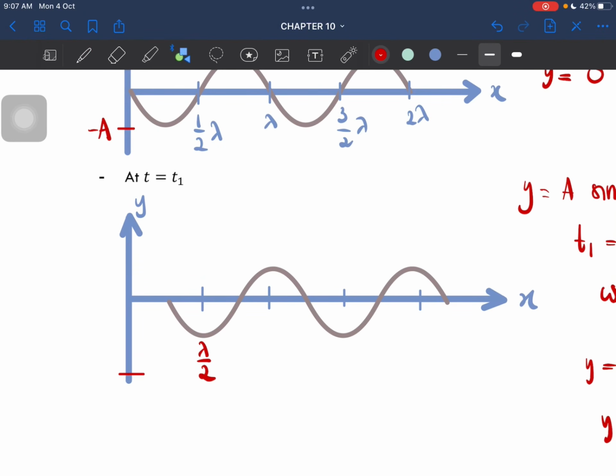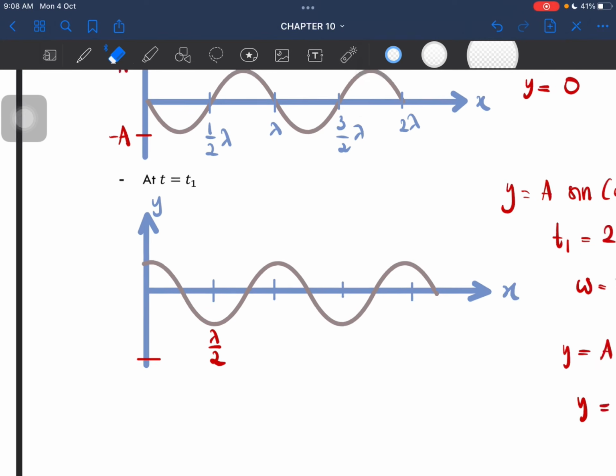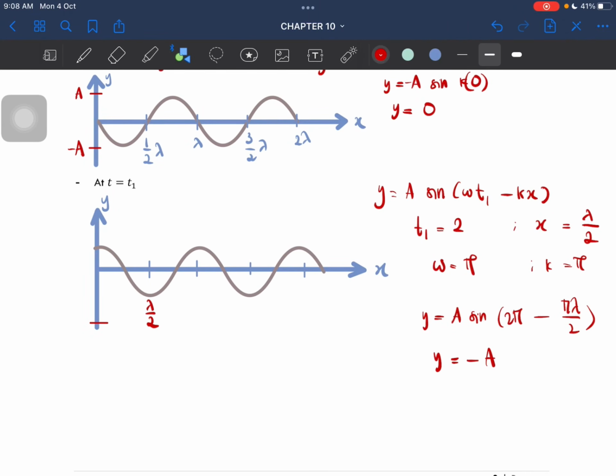So it means its starting point starts with positive, positive amplitude. Okay, so it means the graph starts with this movement. So this is amplitude, this is negative amplitude. Okay, so that is how you find the position at a specific point.